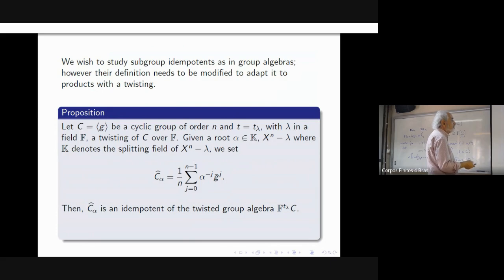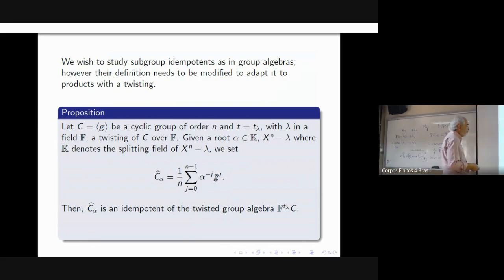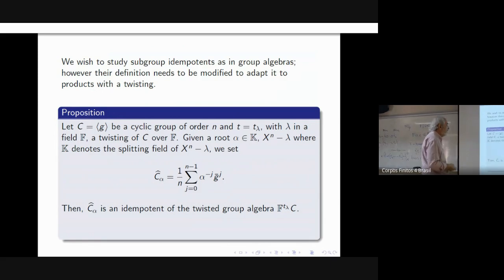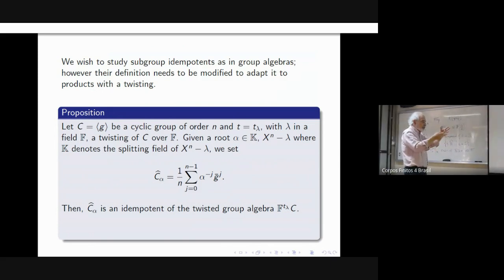Take a root of this polynomial, so you have to go to a bigger field, and construct this element. See, it looks like the other one, except that we introduce coefficients. But by doing that, we obtain really an idempotent, which is more or less, say, the extension of the previous concept.